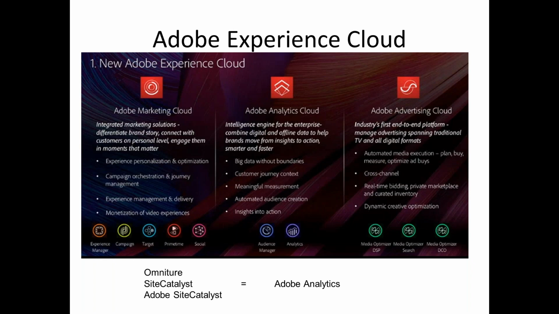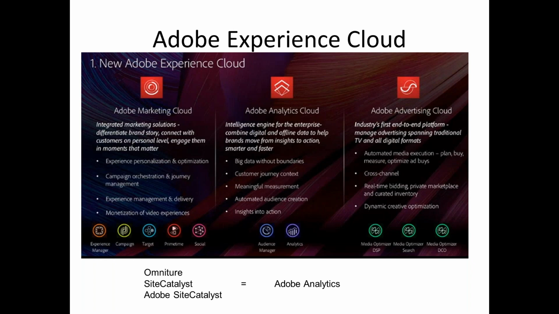You've probably heard of the Adobe Creative Cloud, which is their Photoshop and Adobe Illustrator, and this is their Experience Cloud. And at the bottom of the screen, you'll see Adobe Analytics actually has multiple names. Originally, it was called Site Catalyst, which was one of the products within the company Omniture. So Omniture was a company just like Adobe.